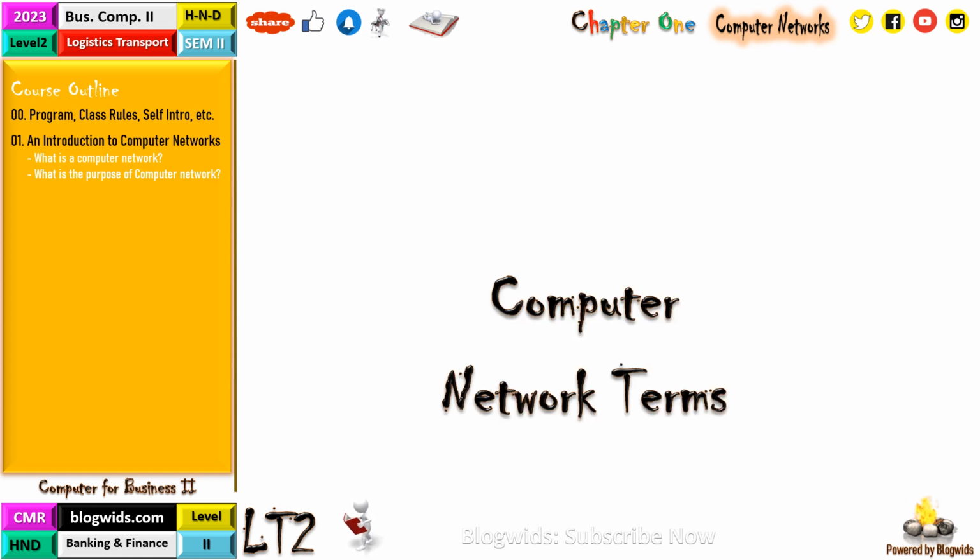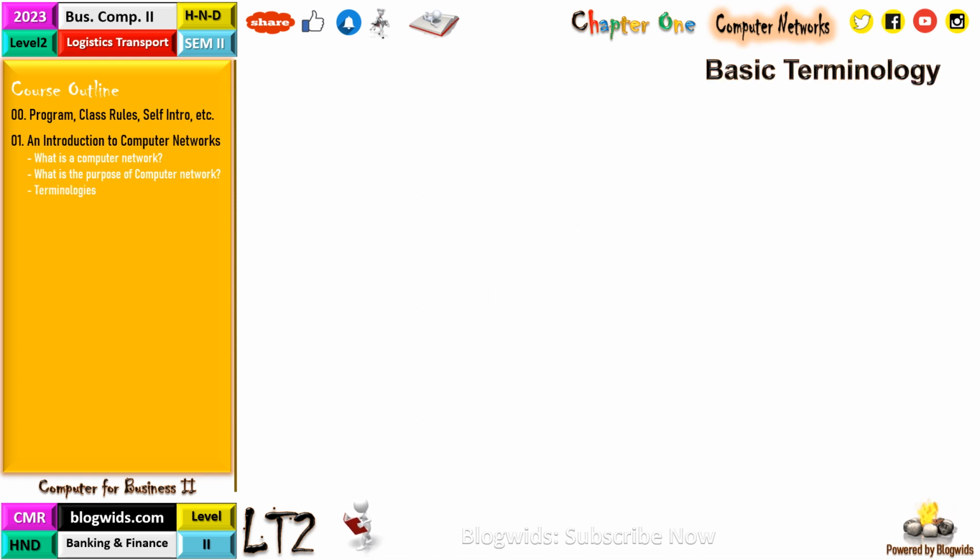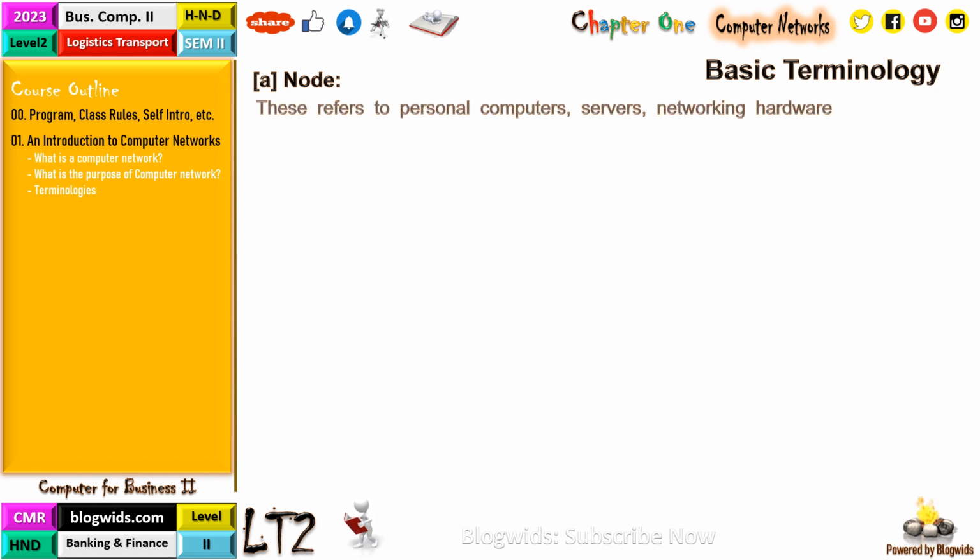So let's look at some terms associated with computer networks. The first is a node. A node refers to any personal computer, server, networking hardware, or other specialized or general purpose host.